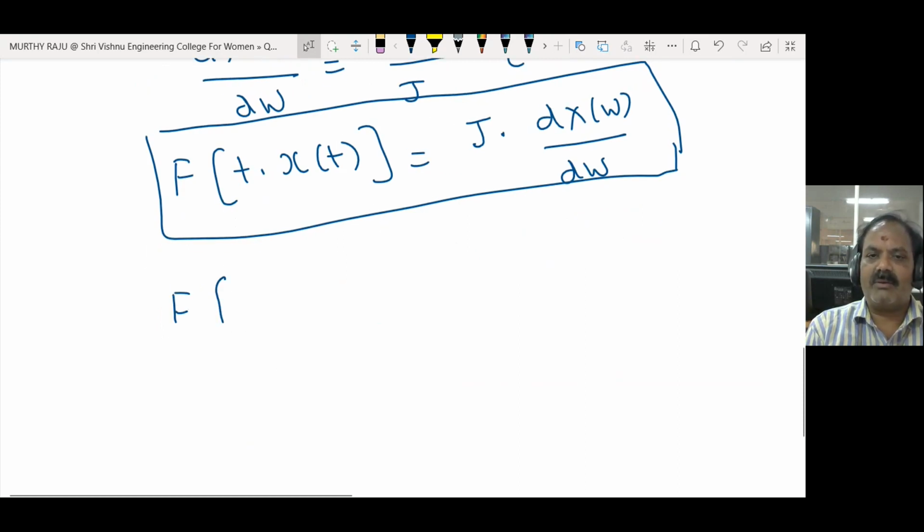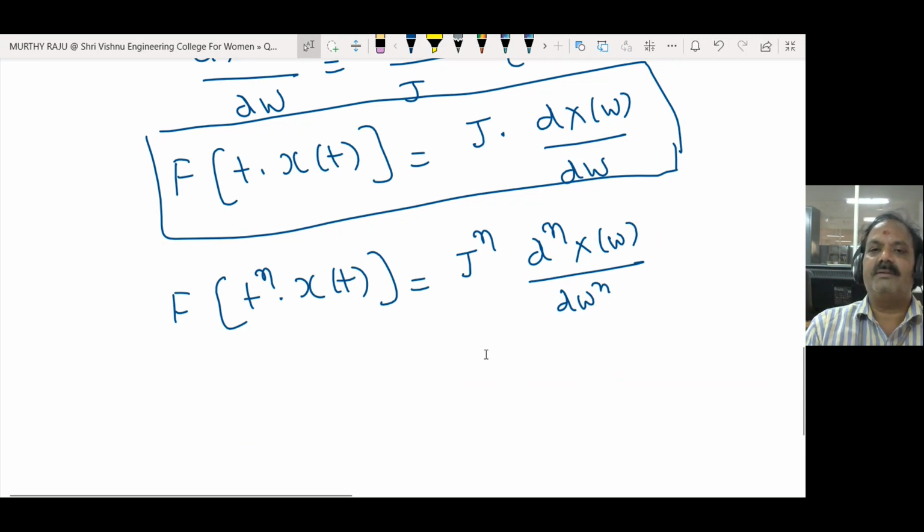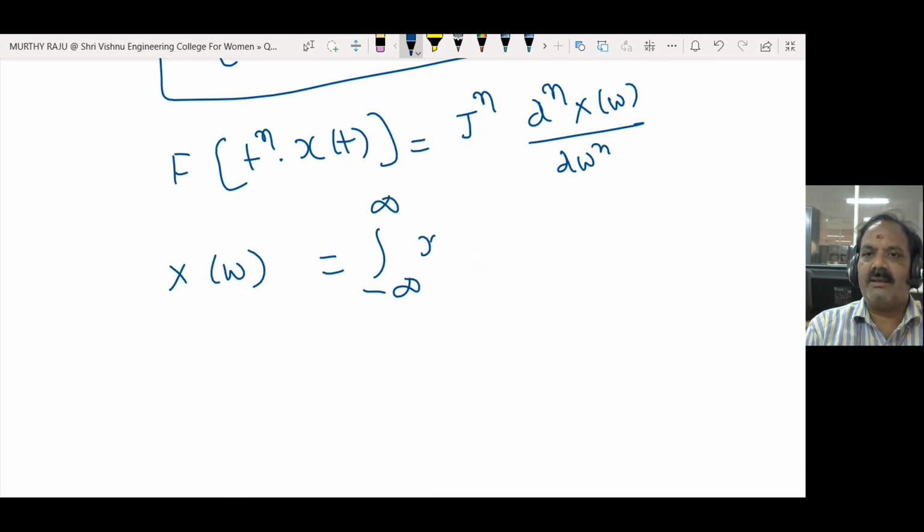Or sometimes, the Fourier transform of t whole power n into x of t is equal to j power n d power n X of omega by d omega whole power n. The proof of this is another formula. Again, consider X of omega equal to the integral from minus infinity to plus infinity of x of t e power minus j omega t dt.